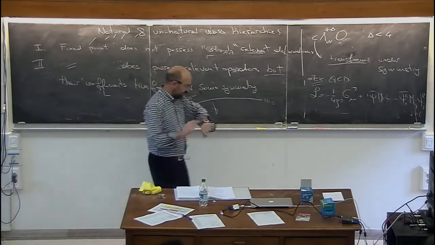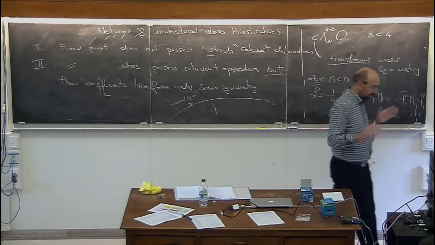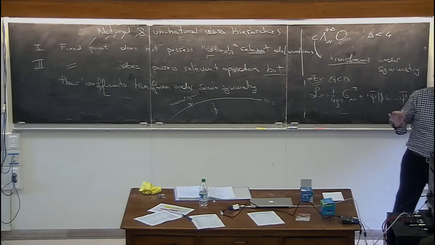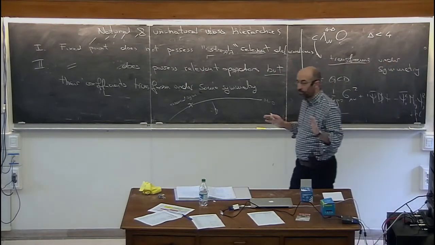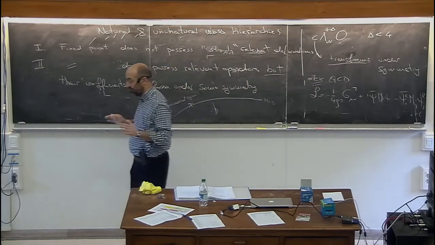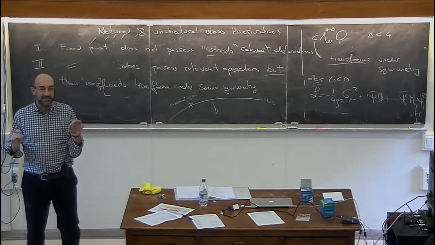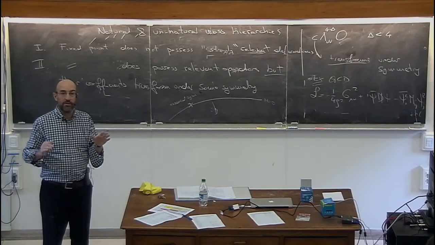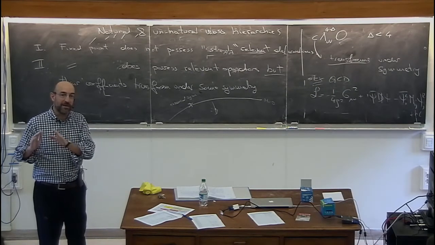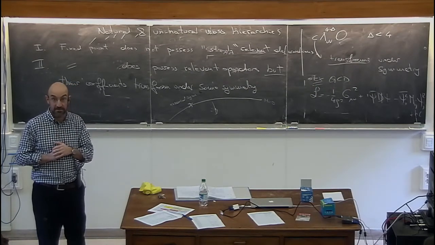Let me say it better, and then I'm done. The explanation of the smallness of a parameter using a symmetry sets the stage for the explanation of the smallness of the parameter without really relying much on symmetries.